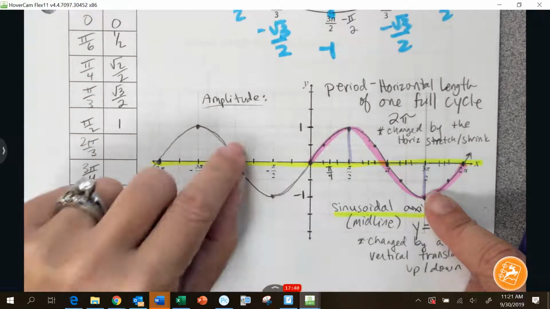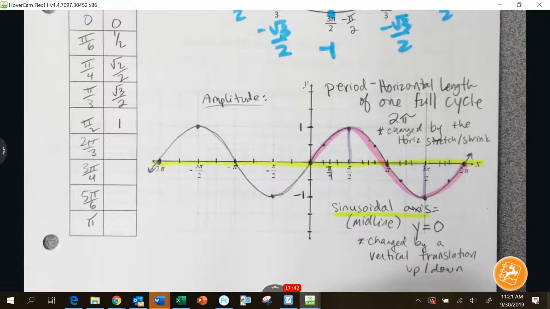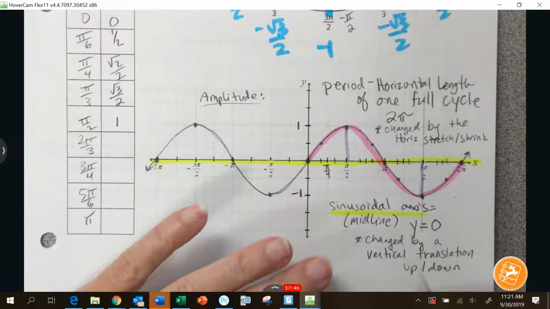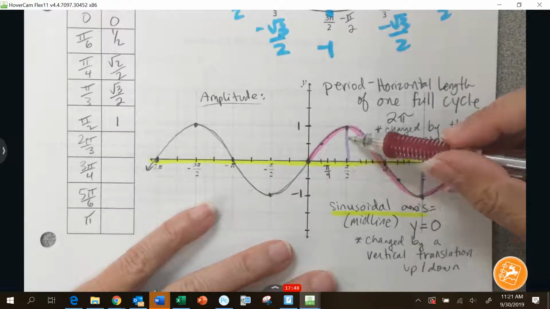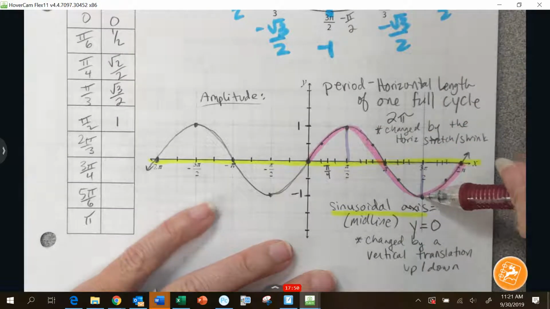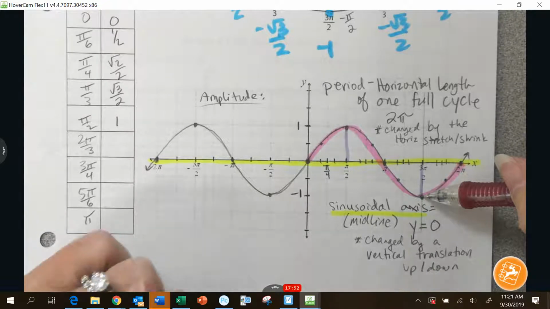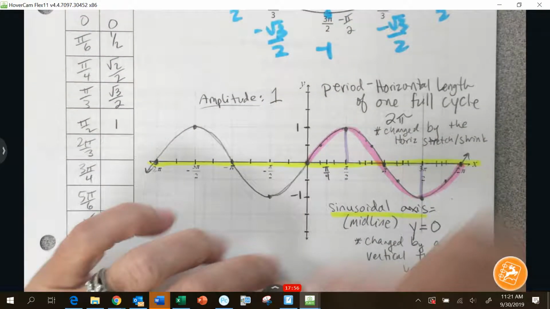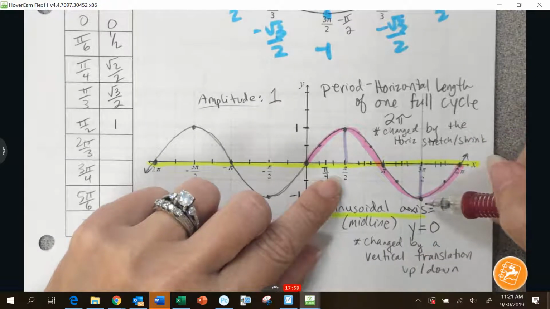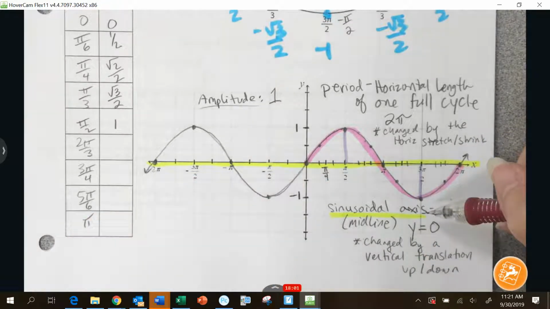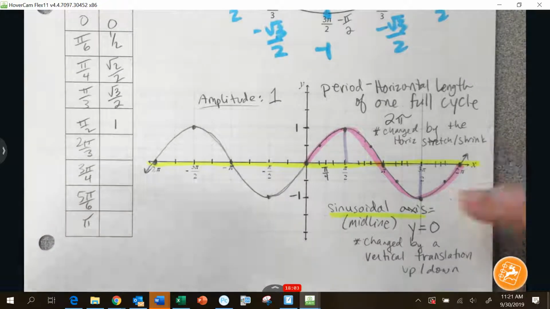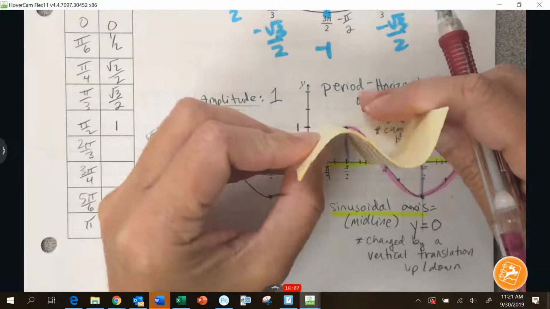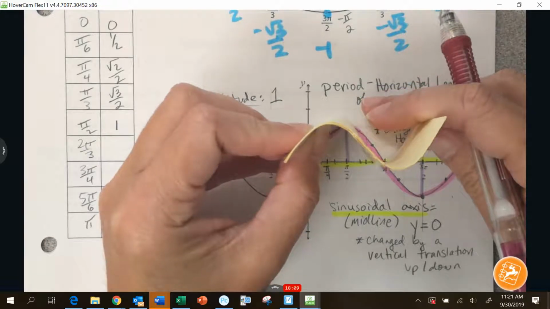So what is the amplitude for this particular y equals sine x graph? How many units does it go above, or how many units does it go below? It goes 1 unit. You will not say -1 because some of them are up and some of them are down, so we use just that as length. It's 1 unit long. And what do you think could affect how high up or how far down this graph would go?